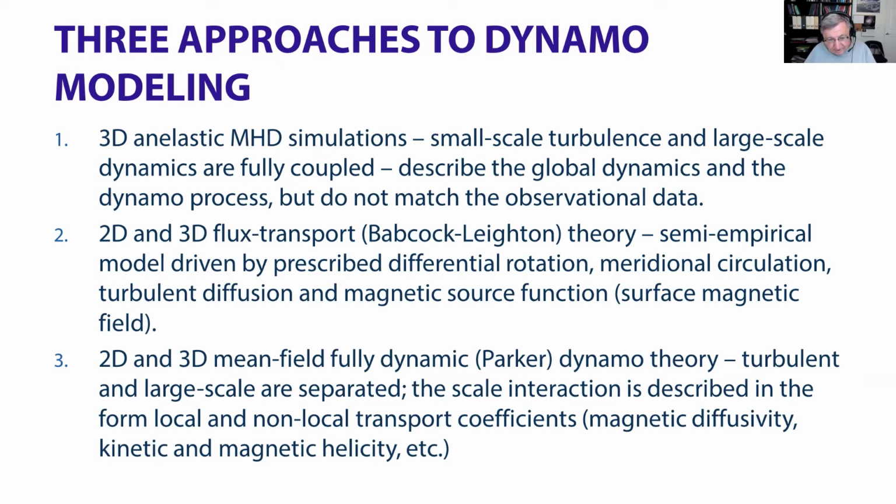And the third is mean-field theory, a fully dynamical theory. It has been developed for many years, and the difference from the first theory, direct simulations, is that turbulent and large scales are separated, and small-scale and large-scale interactions are described in the form of local and non-local transport coefficients: magnetic diffusivity, kinetic and magnetic helicity, and others.